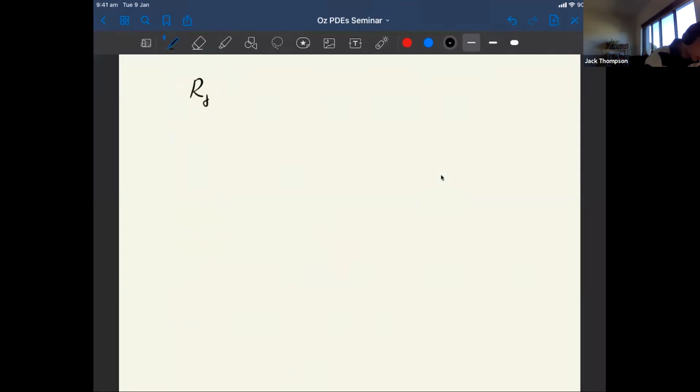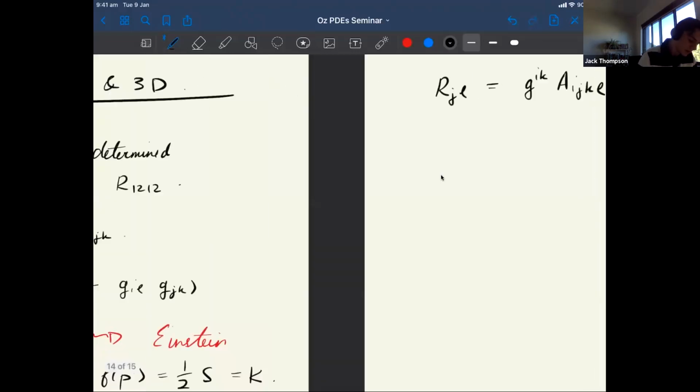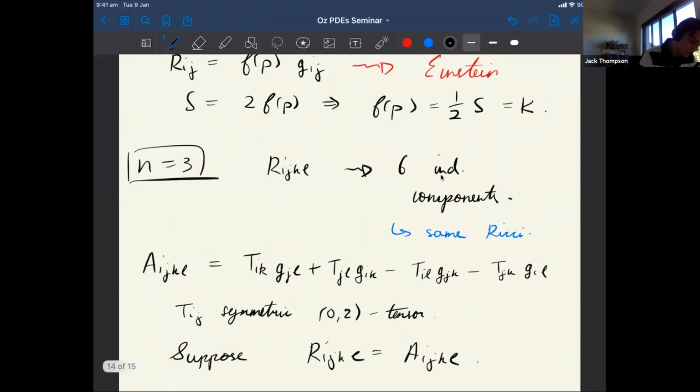And so when I take the trace of the Riemannian curvature, I get the Ricci curvature, of course using the summation convention. Now, when I take the trace, because I've got these metrics in here, you're going to get a lot of simplifications.